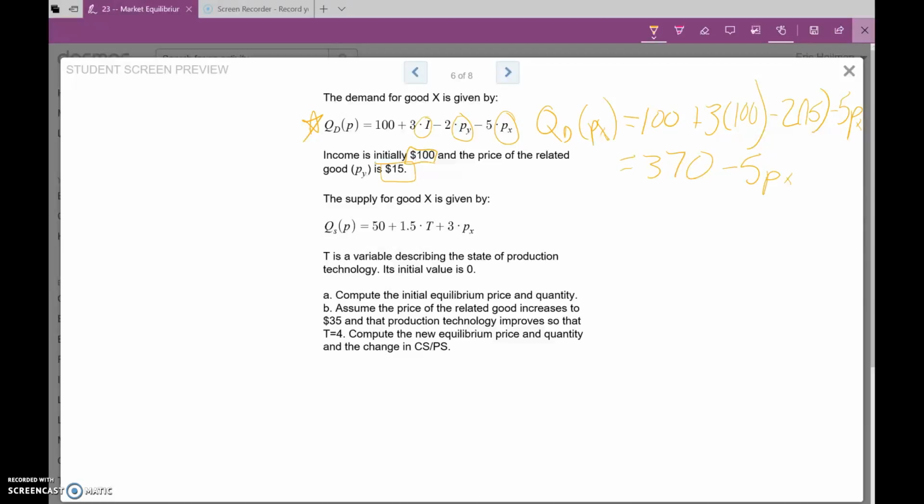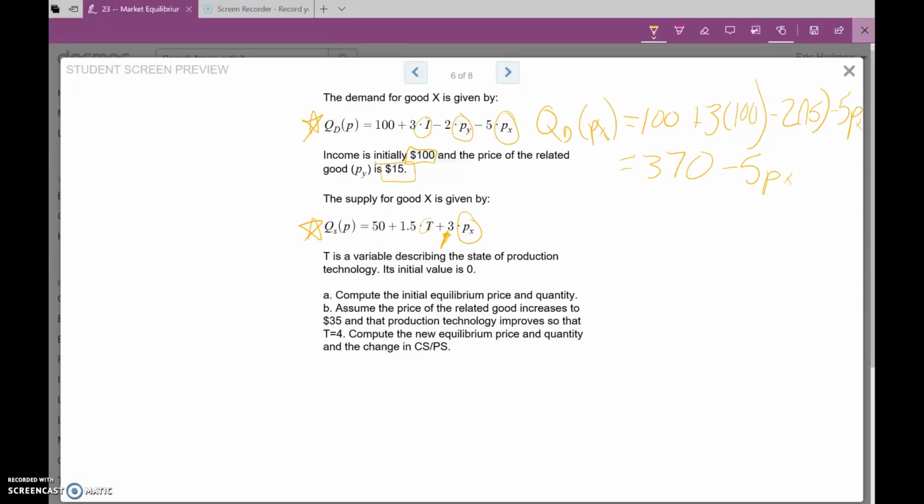All right, so then we have a supply function given here. The quantity supplied is obviously dependent on the price of good X, and the coefficient is positive. The higher the price for good X is, the more suppliers want to supply. And then we have this other variable T. It represents the state of production technology.